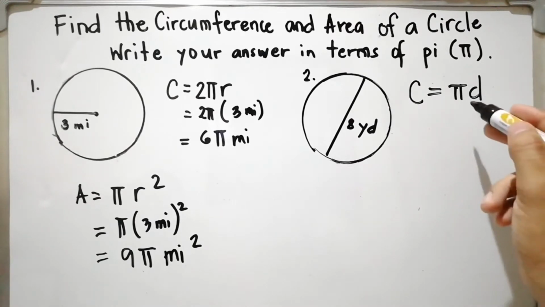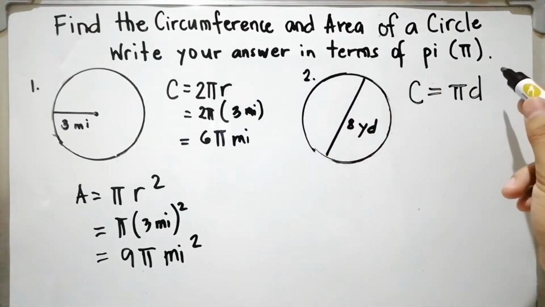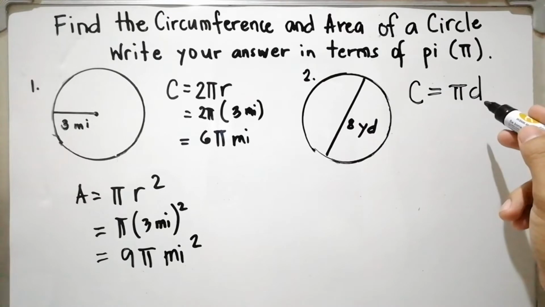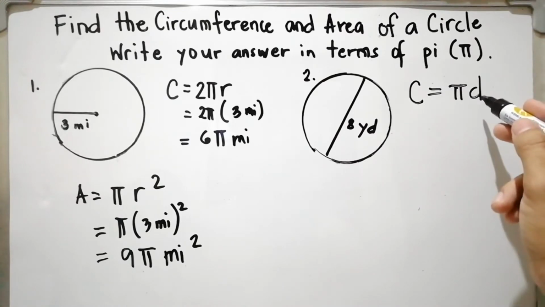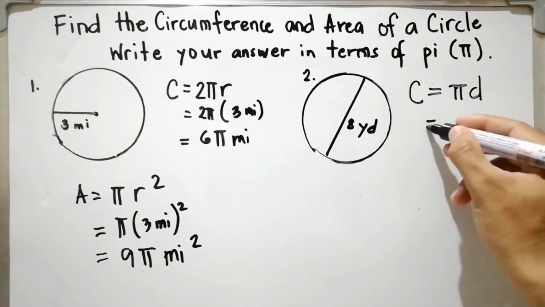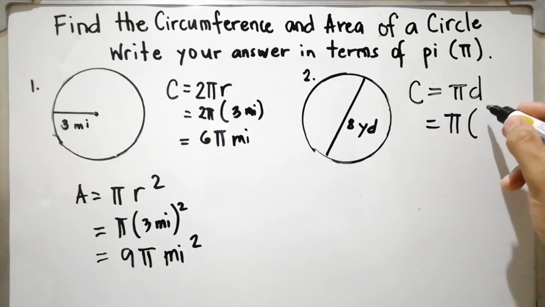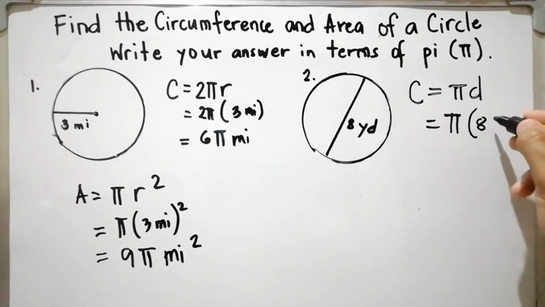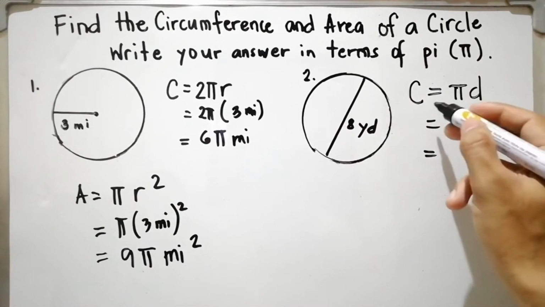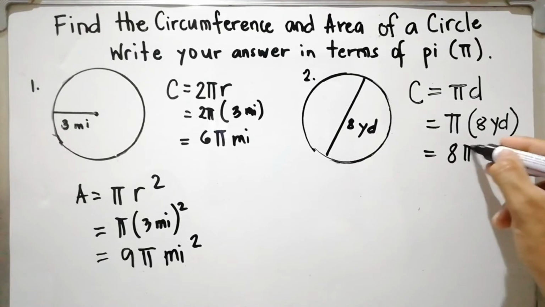Since we are going to write our answer in terms of pi, the only value that you are going to substitute is the value of d, which is diameter. So the diameter is 8 yards. So that is equal to pi, rewrite pi, then the diameter is 8 yards. Therefore, the circumference of the circle is 8 pi yards.